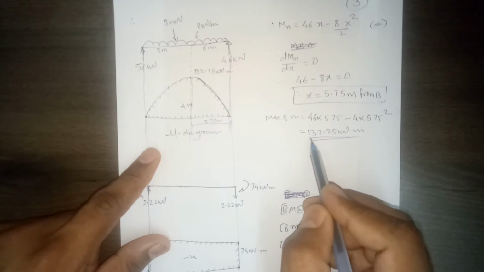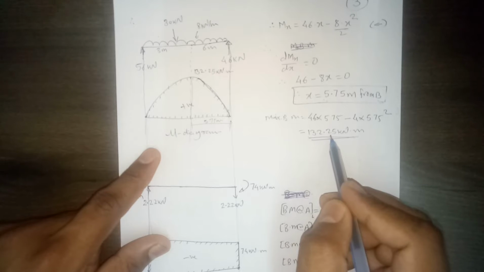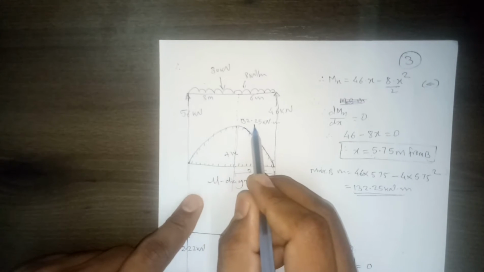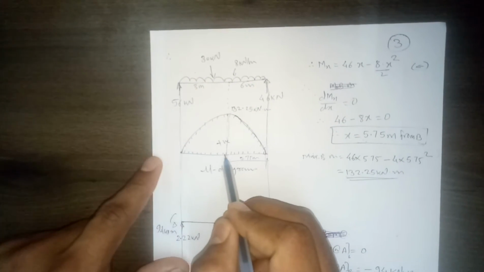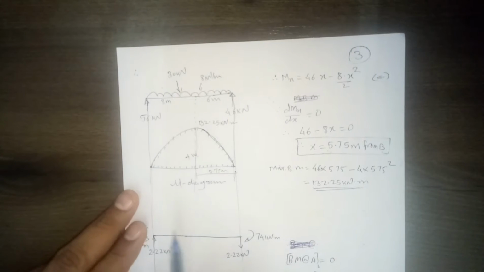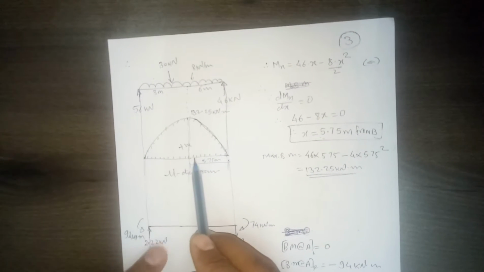If you substitute that, you will get the value of 132.25 kilonewton meter. So this value is 132.25 kilonewton meter. This diagram is called the Mu diagram.